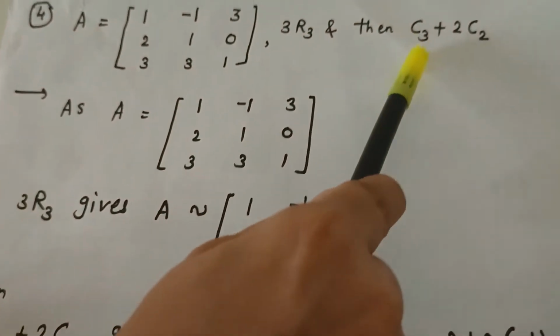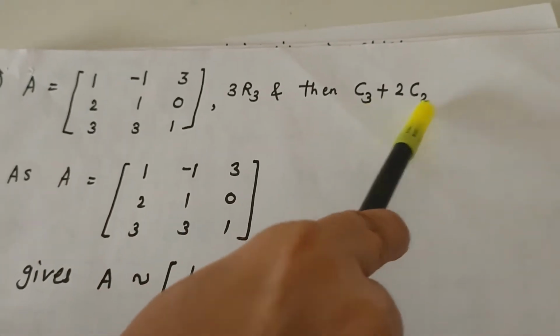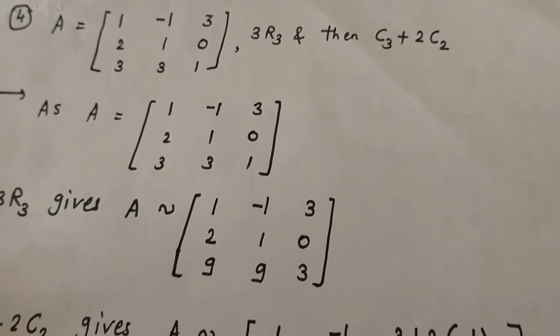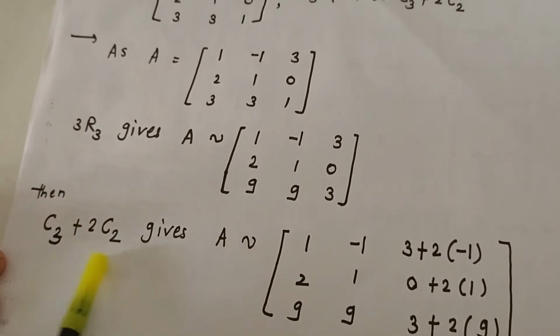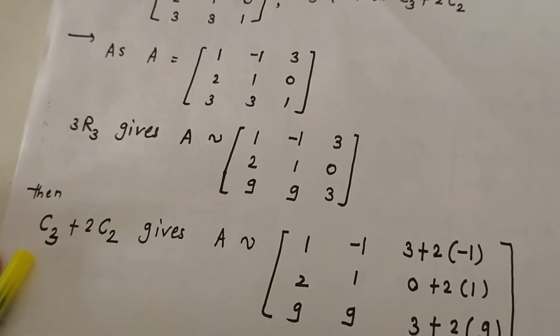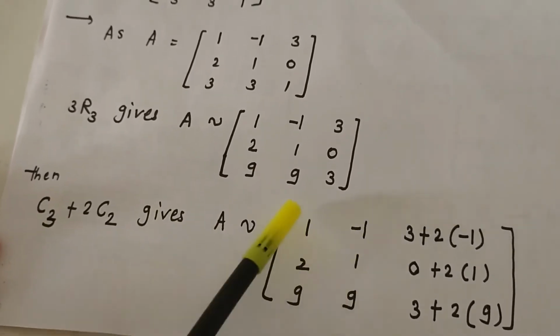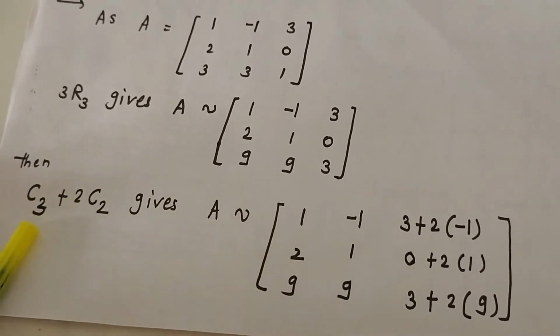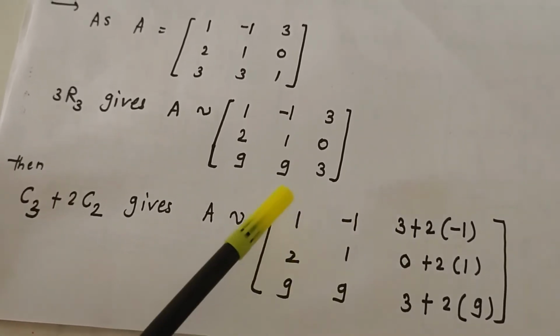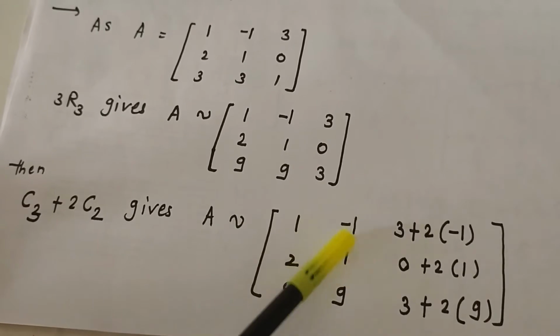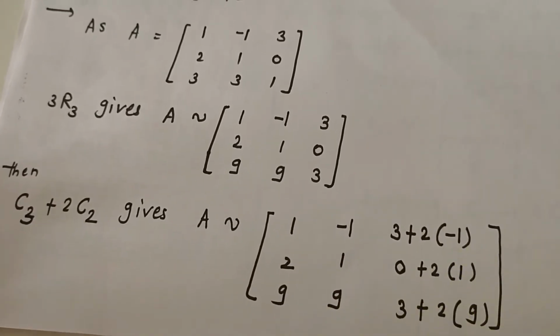Then apply the transformation C3 plus 2 C2. Write this transformation and apply it on C3. So changes are in C3, there is no change in C1 and C2. Therefore write the first column and second column as it is.